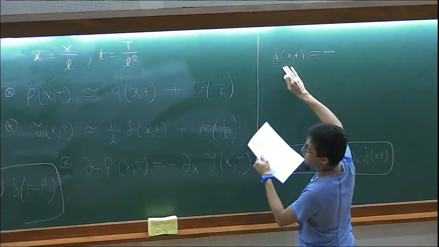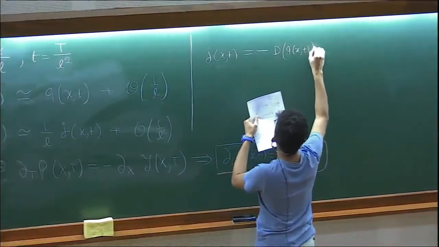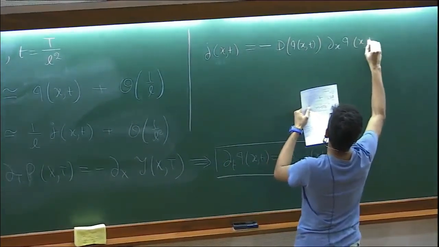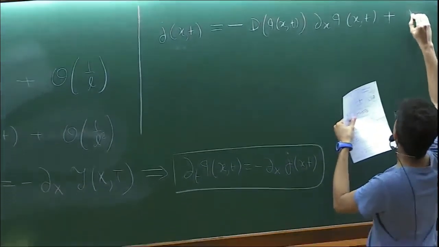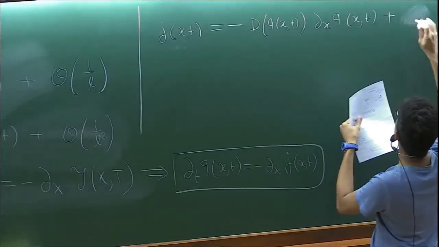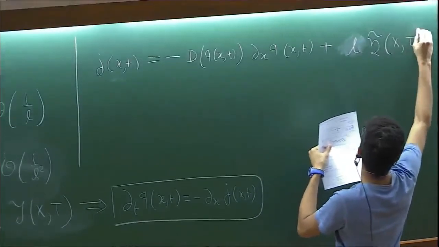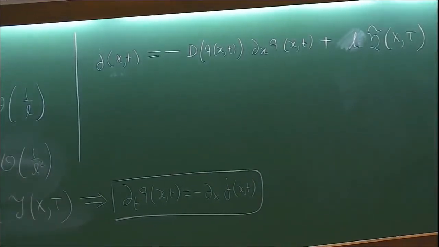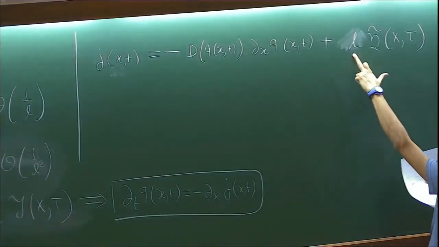You can easily convince yourself that the equation for the current would now simply become d of q small x,t, del x q small x,t plus, let's first write this part still like this. So if I had started from this equation and used these two scaling behaviors, I'd get an equation like this, where the small l are now plugged in here.